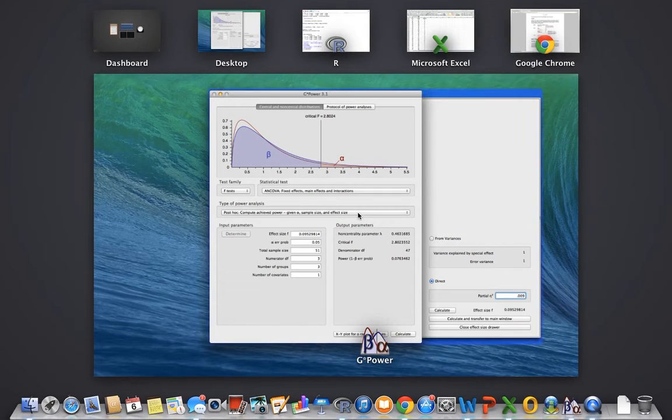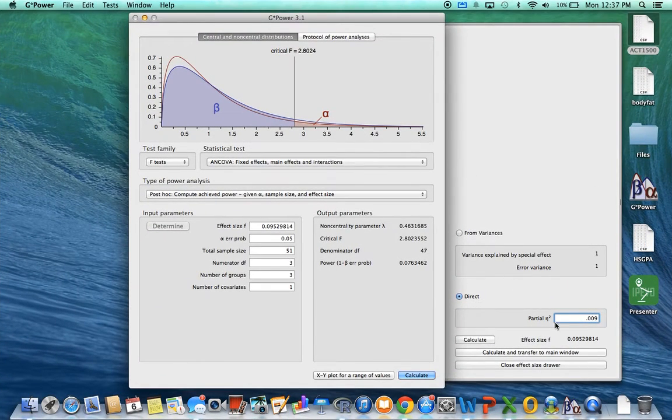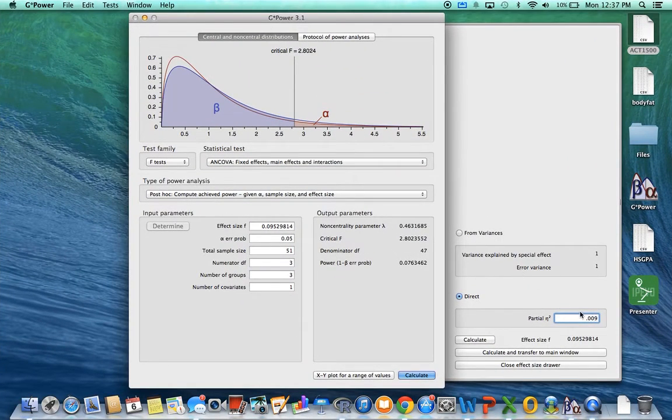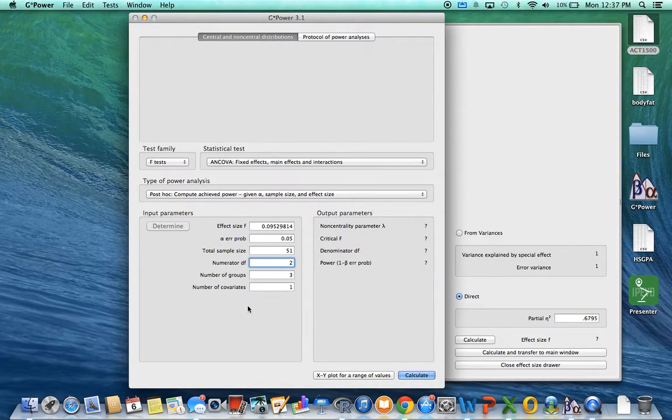Okay, guys, I screwed up there. When we go back to 0.6795, let's do this the right way. Since we had 3 teaching techniques, our degrees of freedom should be equal to 2.